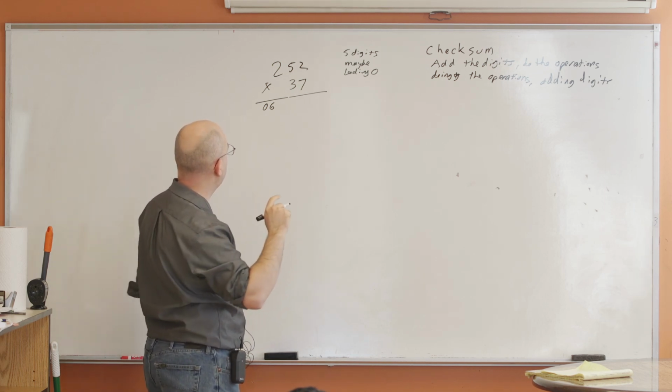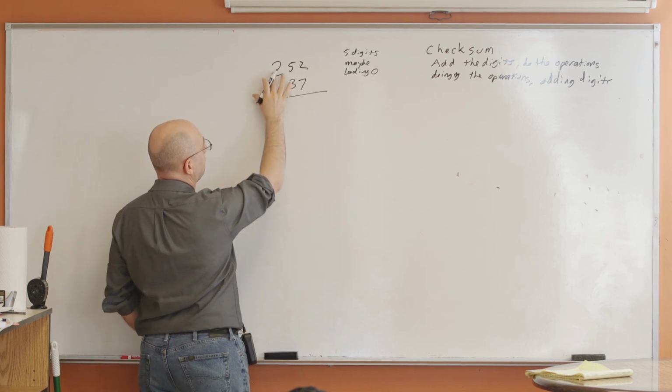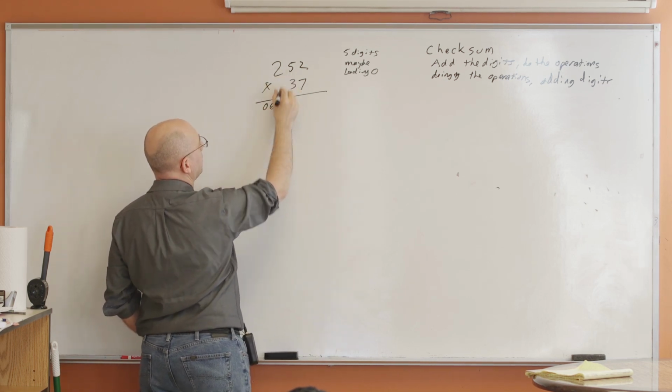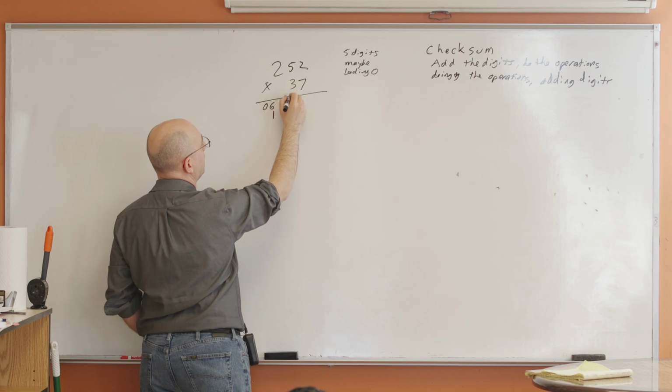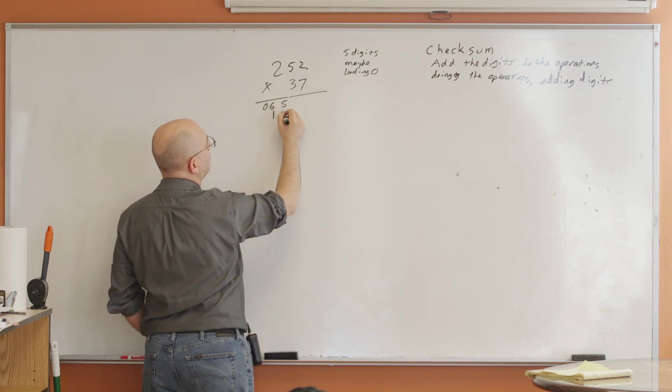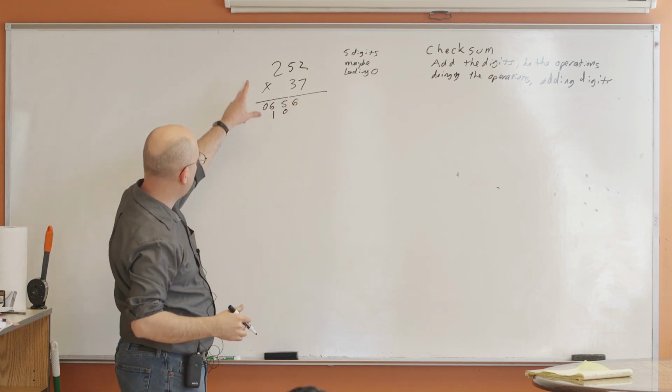Now, when I introduced this, I did this technique where I had 3 times 2 is 6, and then 3 times 5 is 15, that leading 1 will go underneath that 6, and then you have a 5. Then you have 3 times 2 again, so that's a 0 and a 6. And that's kind of this top level.